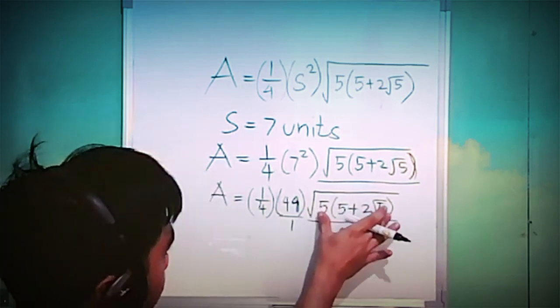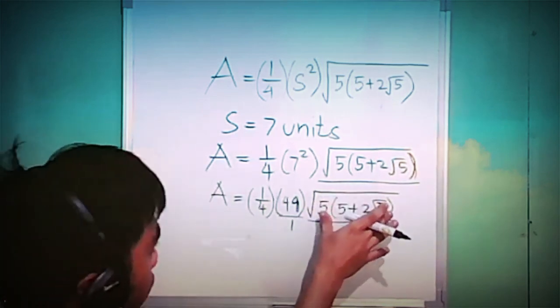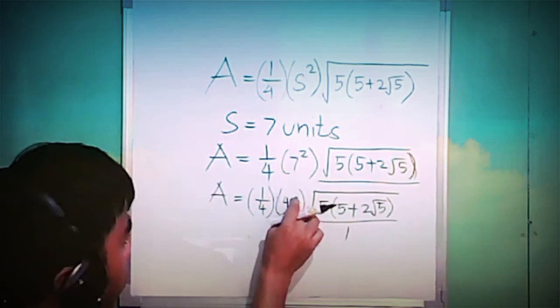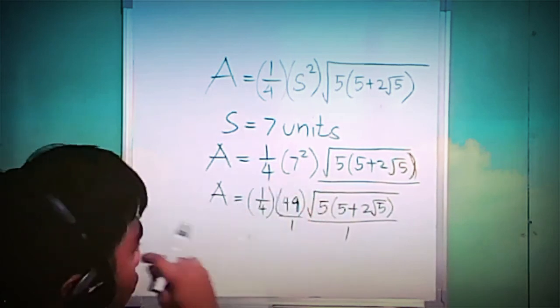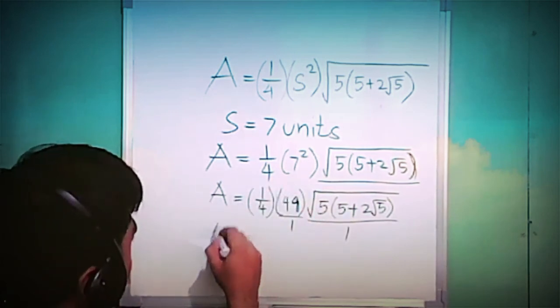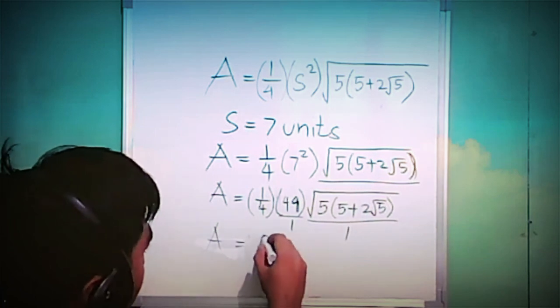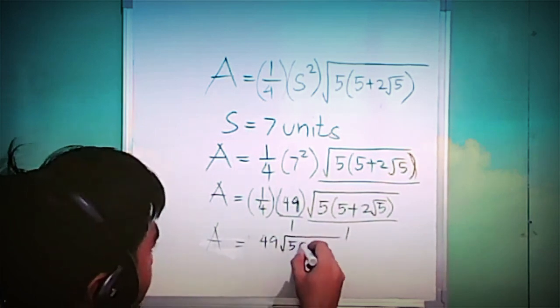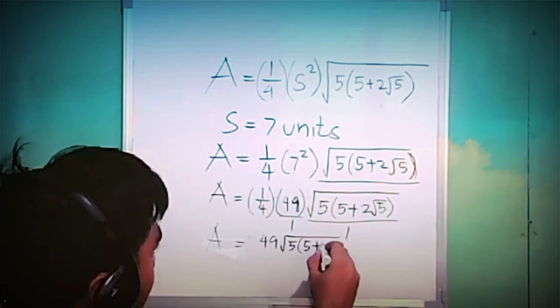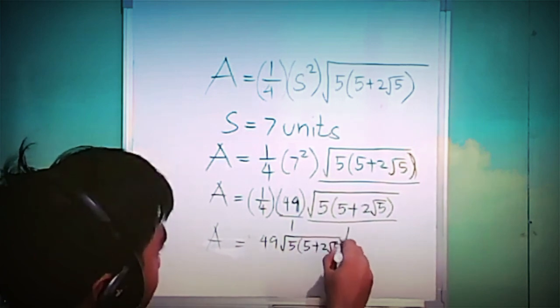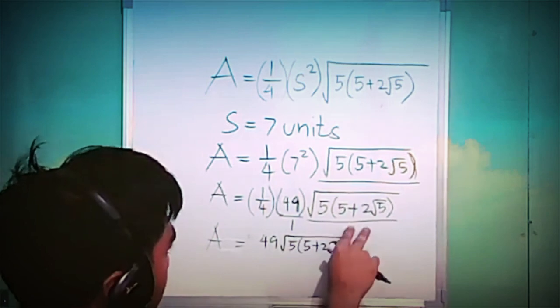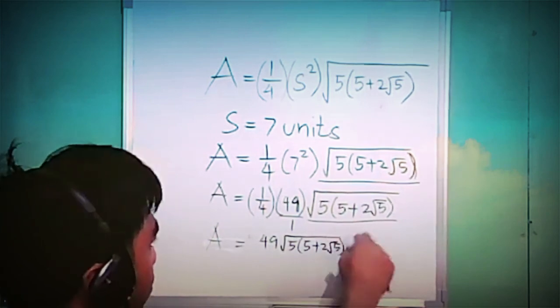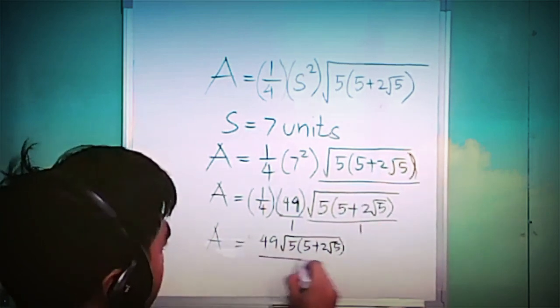So this expression is multiplied by 49 and then by 1. The answer is like this: 49 square root of 5 times 5 plus 2 square root of 5, over 4.